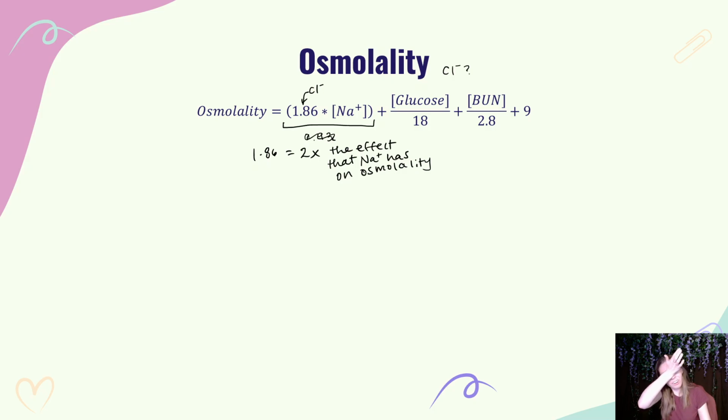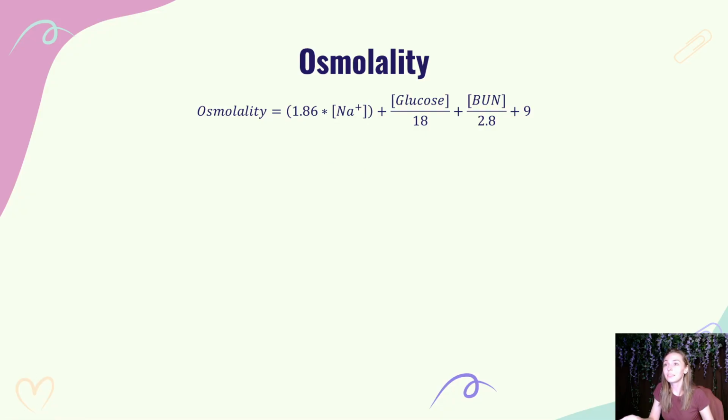That being said, some versions of the formula use the number 2 because they like to make their lives easier, instead of us, who like to make our lives actively harder. We use 1.86 because ASCP hates us. That's really what it boils down to. So this is how we compensate for chloride.